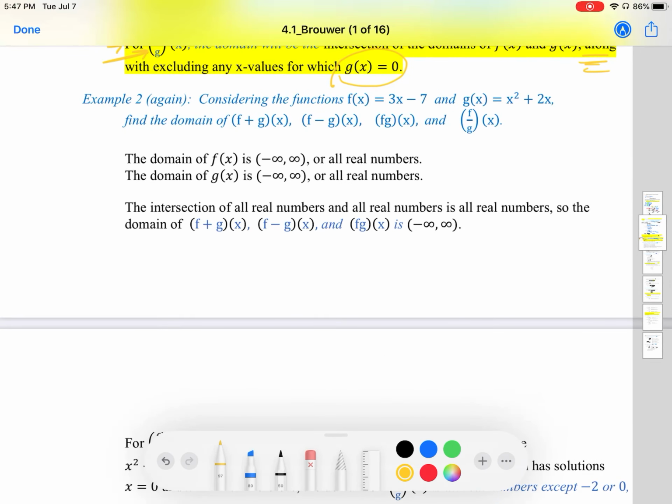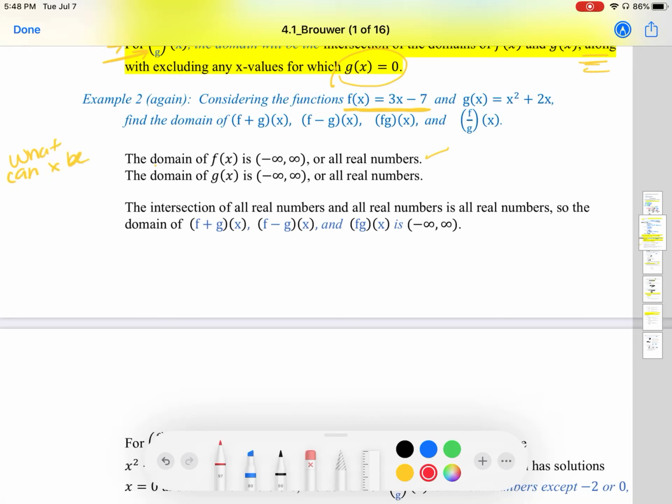Example 2 again. Considering the functions f of x and g of x, find the domain using those four operations. The domain of f is all real numbers because if we take a look at f, we're just plugging in a value for x. So when you think of domain, think of what can x be?